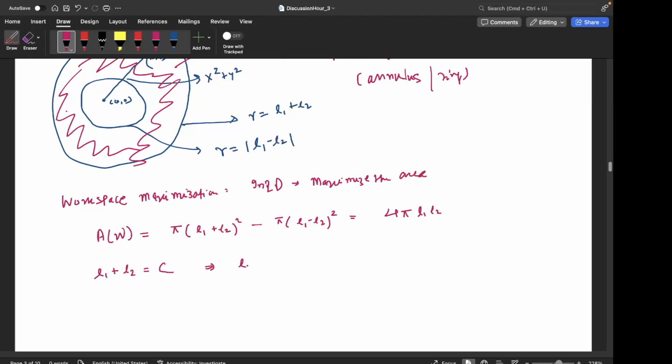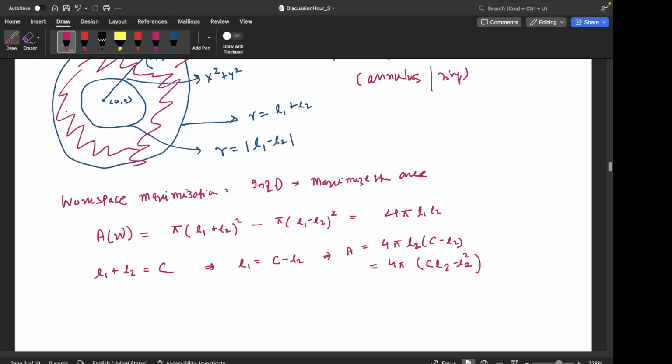So which implies that L1 can be written as C minus L2. So the area can be written as 4 pi L2 times (C minus L2), right? So this is 4 pi (C L2 minus L2 square), right?